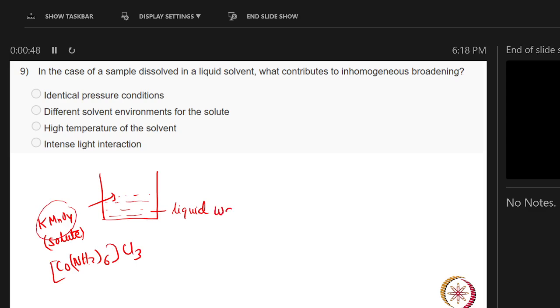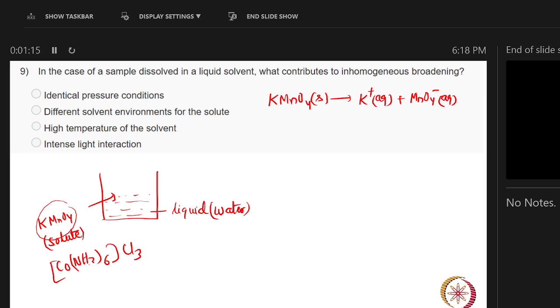So when you dissolve this KMnO4 in water, it will dissociate like this: KMnO4 solid will dissociate like K plus aqueous plus MnO4 minus aqueous. Correct.